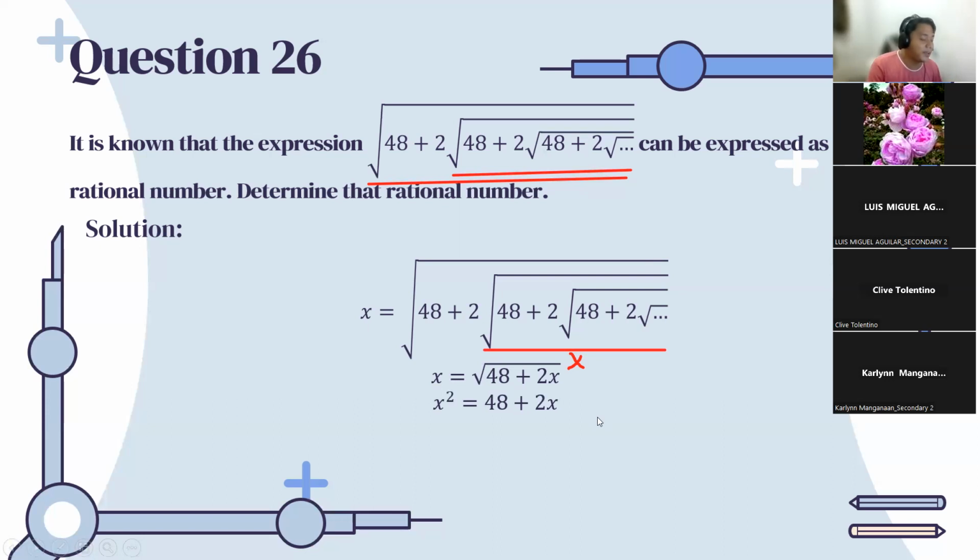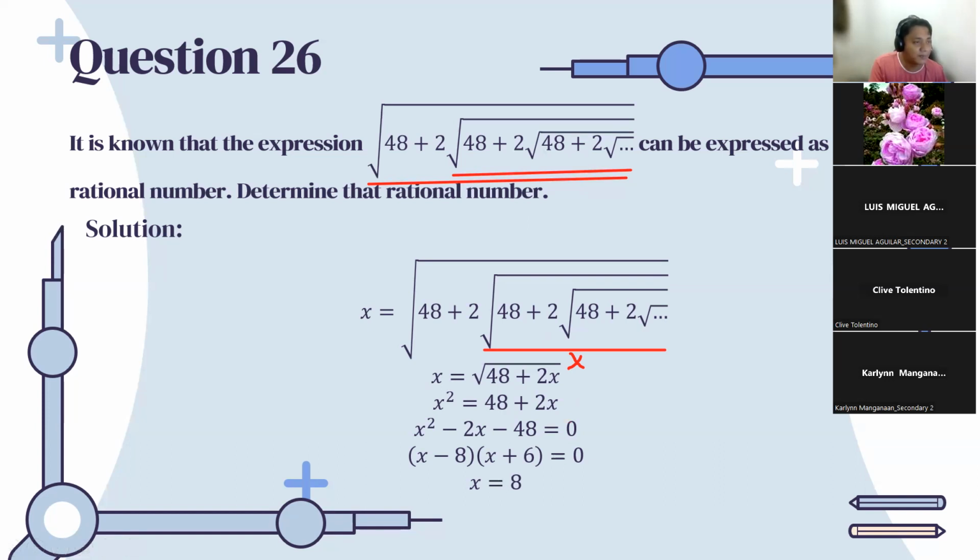That will be x squared is equal to 48 plus 2x, which will give us x squared minus 2x minus 48 is equal to 0. And we have this one: x minus 8 multiplied to x plus 6 is equal to 0. Okay, sir, I see two values. I see negative 6 and 8.